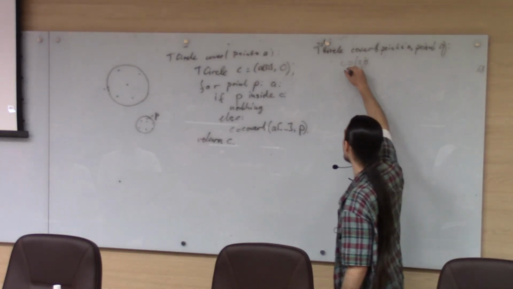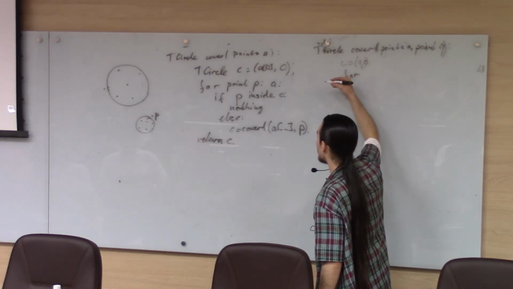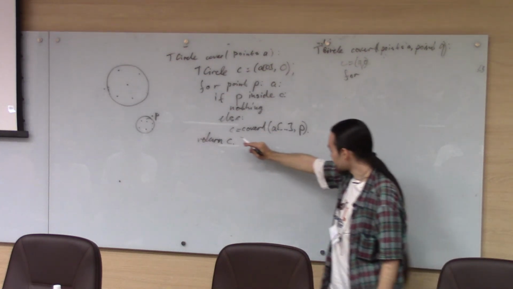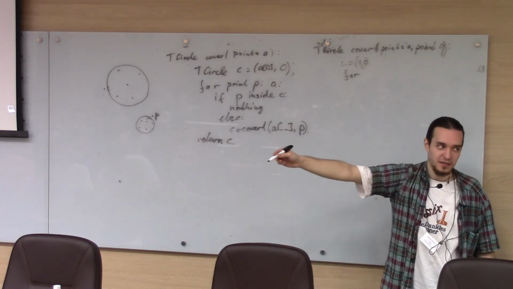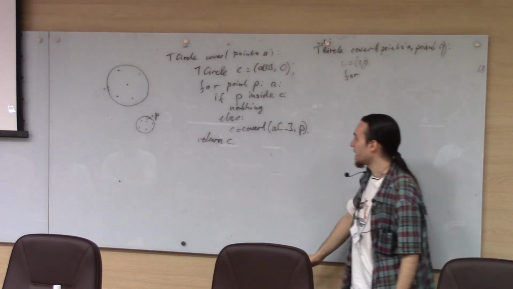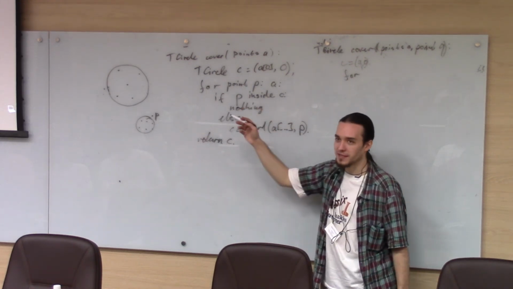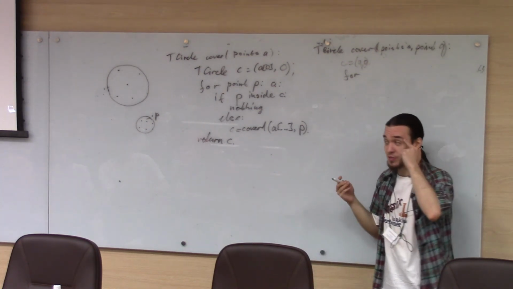So now we do the same thing. I'll just have to rewrite everything here, because the circle C has exactly the same meaning. Now we consider the next point, and if it's inside the circle, then we do nothing. Again, the most pleasant part.